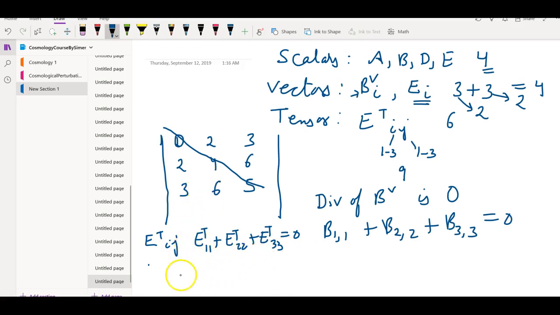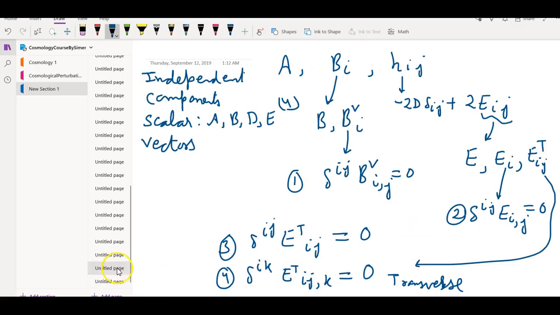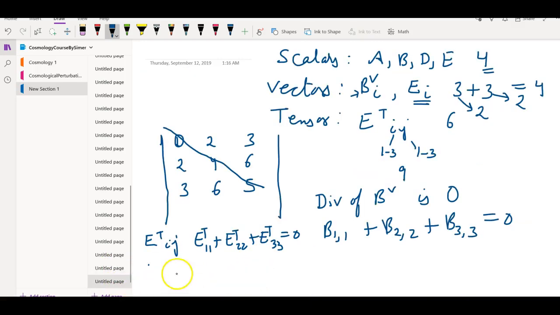What other constraint do we have? We have this thing, delta IK E_T IJ comma K is 0. Now how many constraints does this give me? Basically this is the same as I can put JK here because this is symmetric.